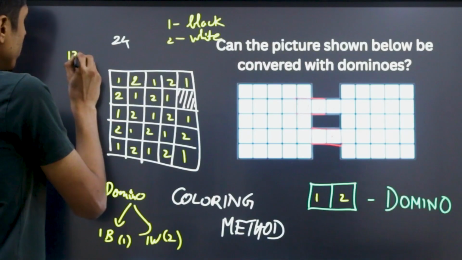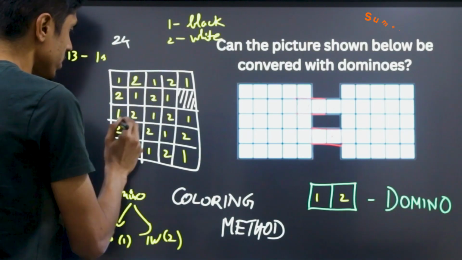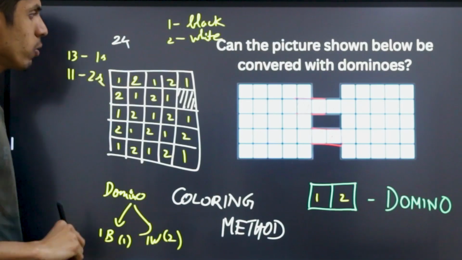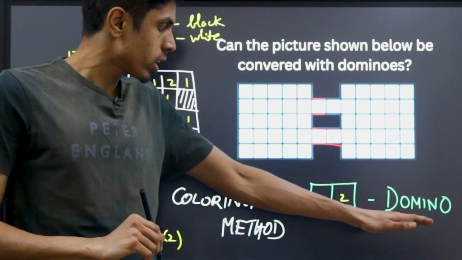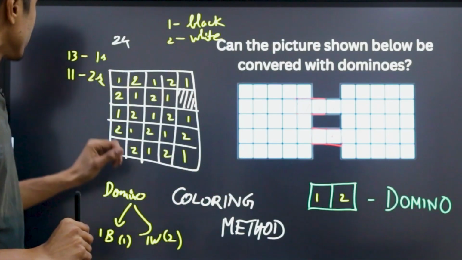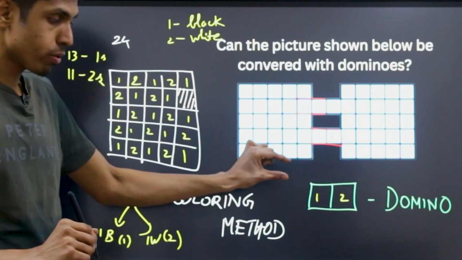So there are 13 ones. How many twos? 1, 2, 3, 4, 5, 6, 7, 8, 9, 10, 11. 11 twos. Now tell me, how are you going to cover the entire structure with dominoes that have an equal number of ones and twos in each building block?